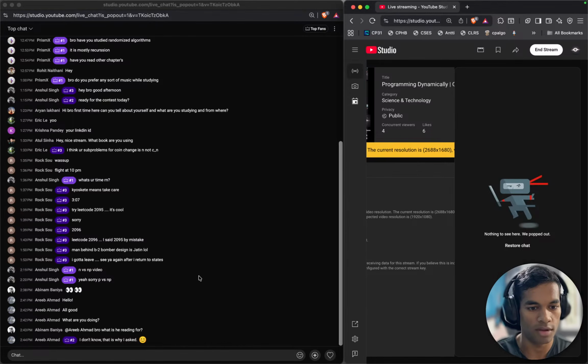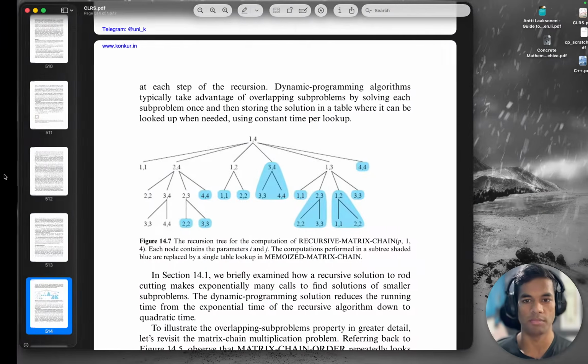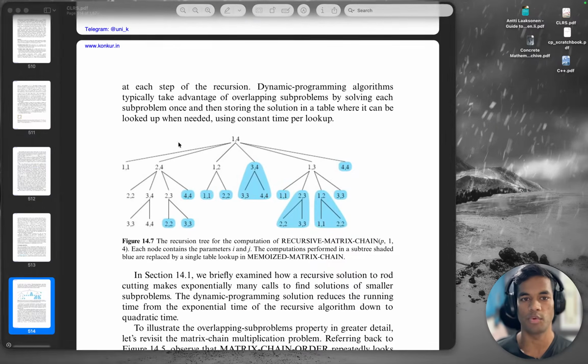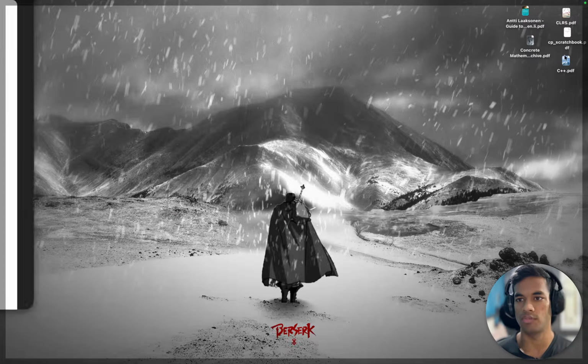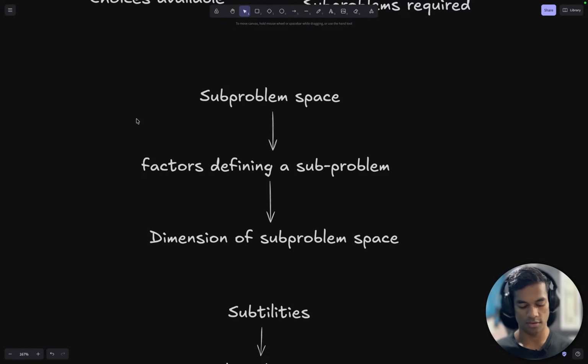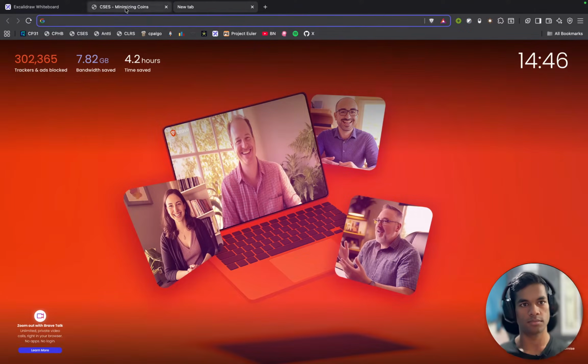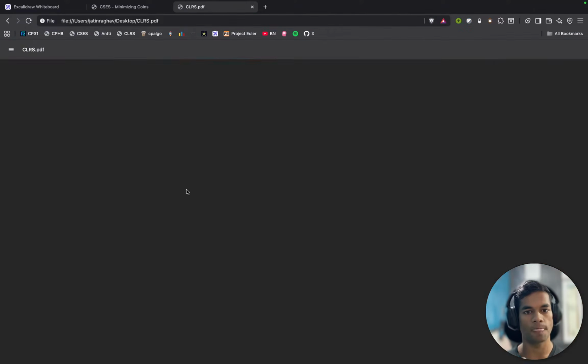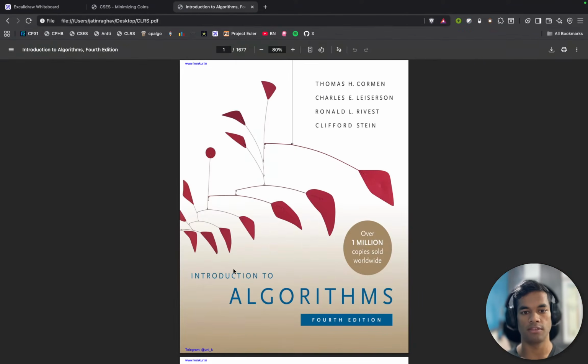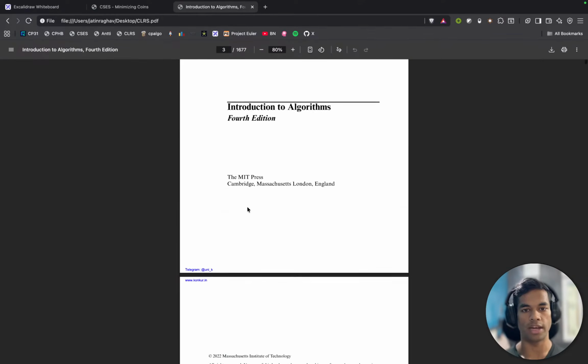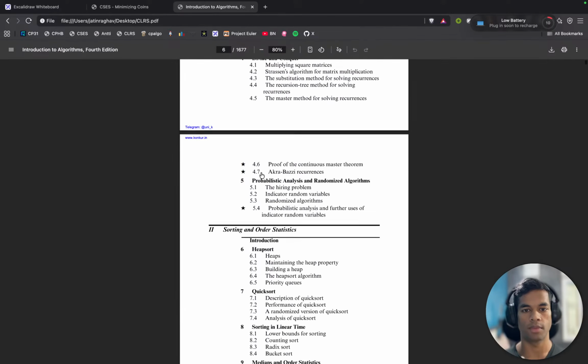We are doing some dynamic programming study using this book, CLRS, Introduction to Algorithms, and we are currently reading about dynamic programming.